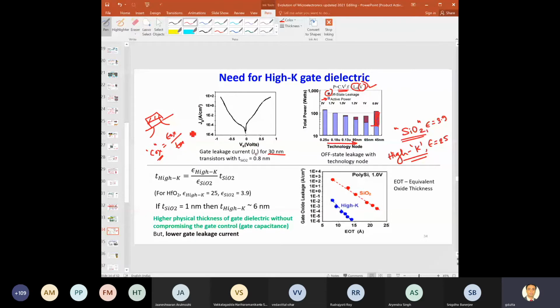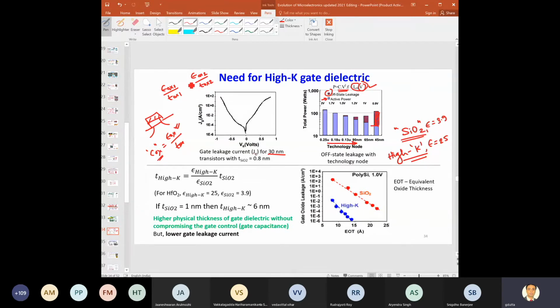Let us say we have one oxide whose permittivity is epsilon ox1 and its thickness is Tox1. We have another oxide whose permittivity is epsilon ox2 and oxide thickness is Tox2, right?